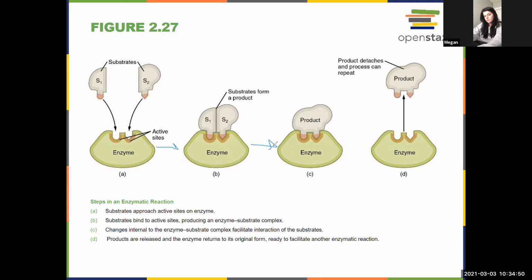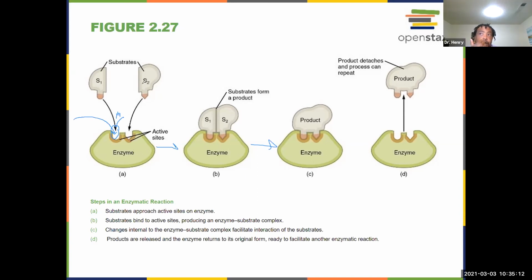So if we have a drug that binds to this particular active site, right? This substrate won't be able to bind. We call this drug A. So if we use drug A, it binds to this particular active site.